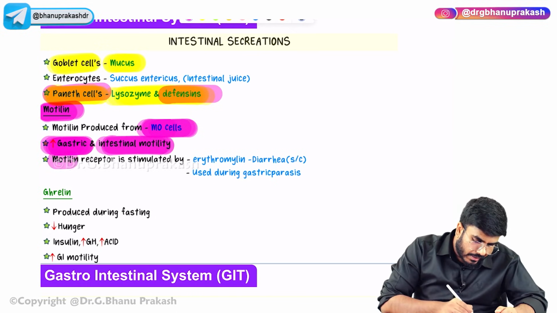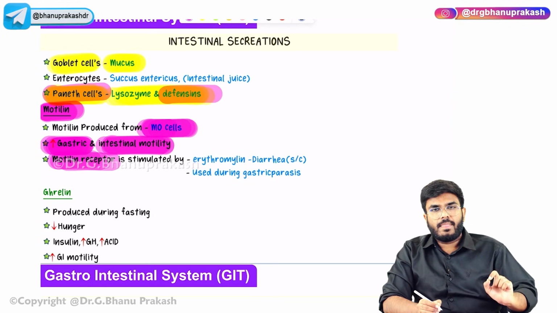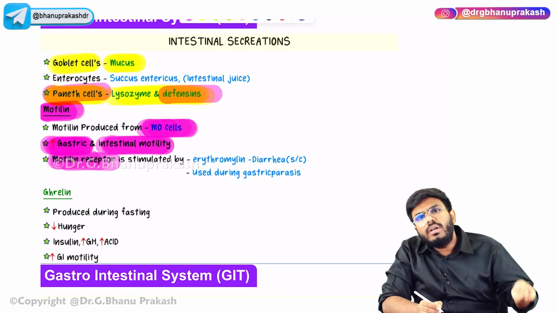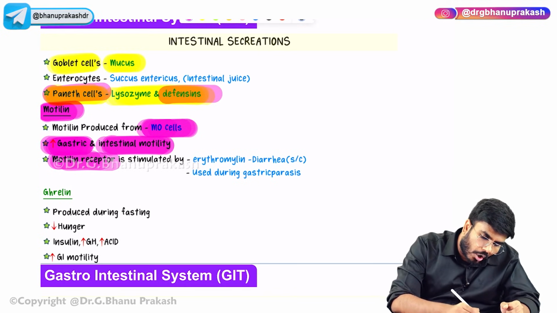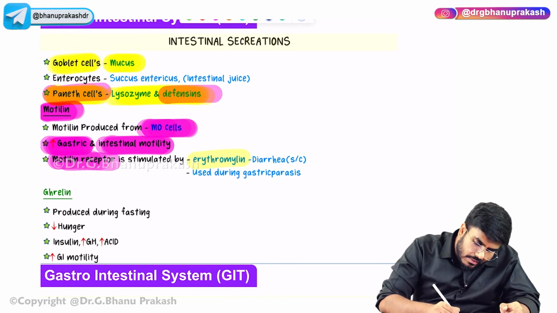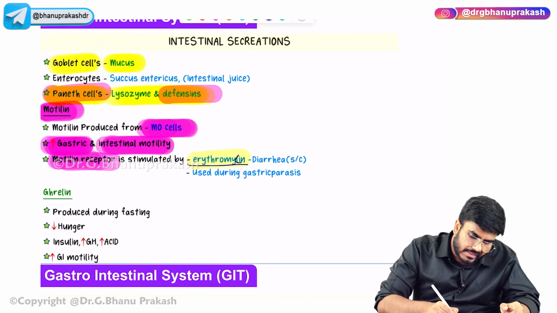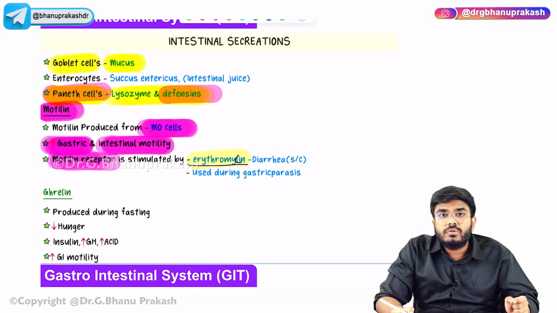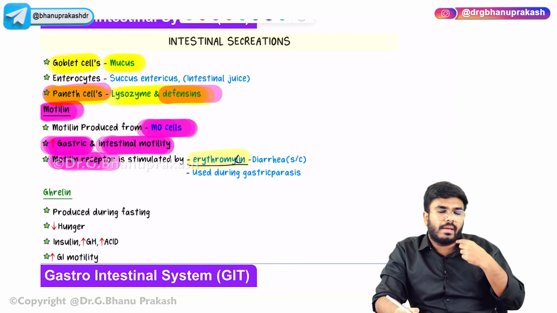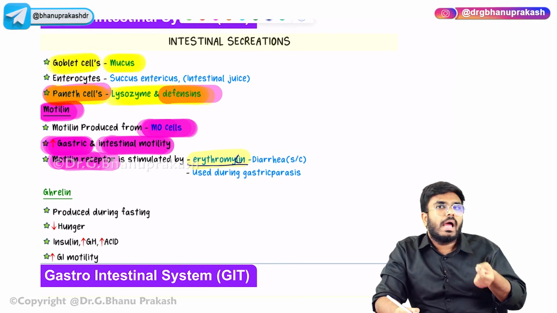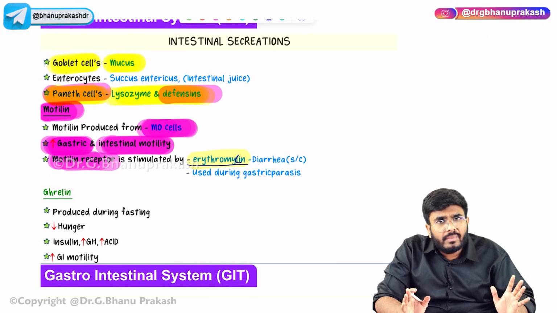Okay, good. But these motilin receptors are not only stimulated by motilin, they are also stimulated by a drug called erythromycin. It's an antibacterial. So, for example, imagine I am having some infection, I am taking erythromycin, so bacteria will be killed.